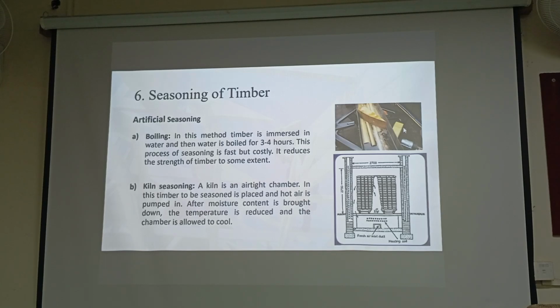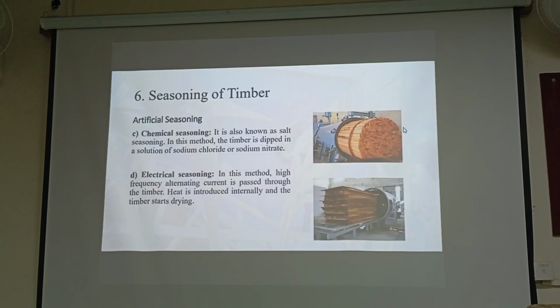So artificial seasoning includes boiling in hot water. In kiln seasoning, airtight chambers are used and hot air is blown there, and the wood can be seasoned.